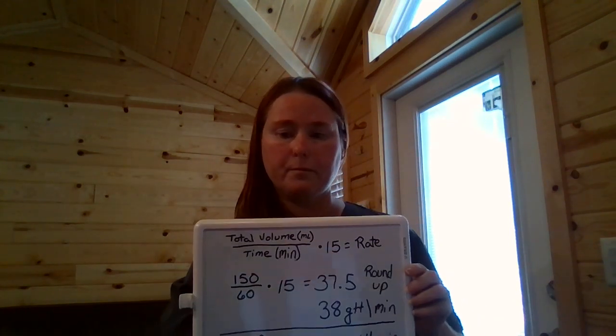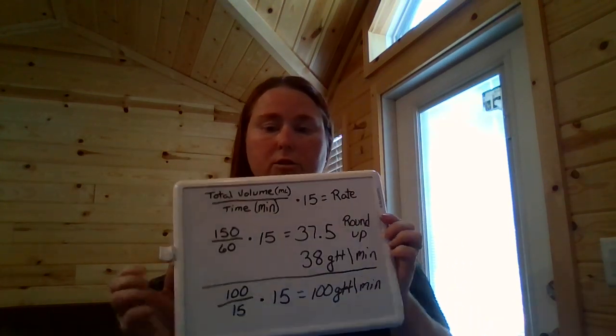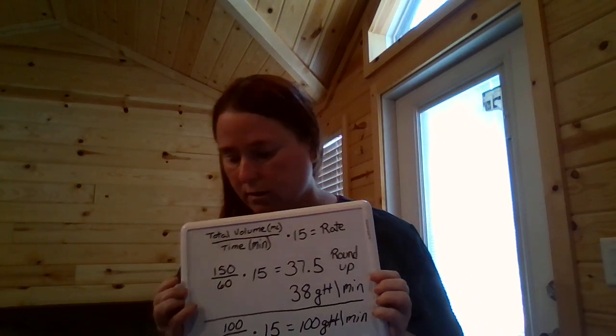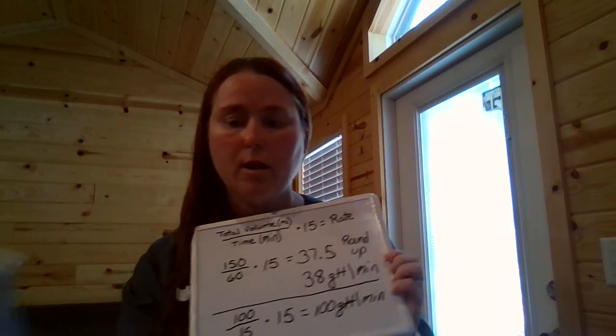Okay, so I'm going to have to figure out my drops per minute and how to calculate my medication administration. So for IV, it's total volume divided by time in minutes, times the drip rate of the tubing, which my tubing is 15.